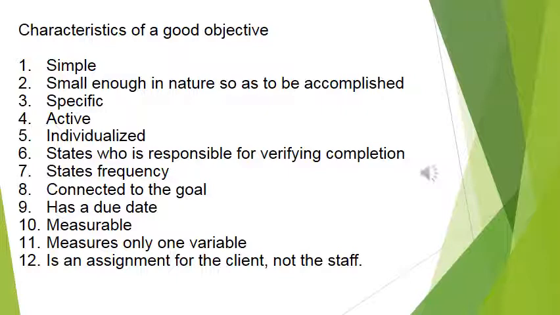So like when you pick a goal, it will perhaps have a drop-down menu of objectives that you could choose from. These are canned objectives, and so you have to make them individualized for the client. And there's usually a box where you can type in the specifics that pertain to the client to make this objective more individualized.